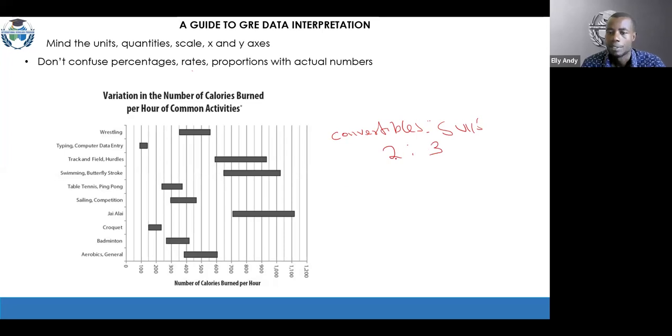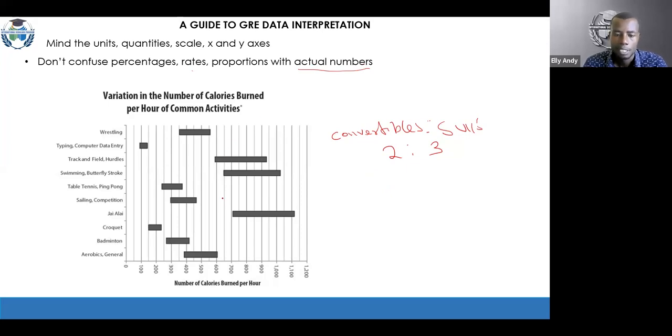What this ratio tells you is that the relationship between convertibles and SUVs can be given by this ratio. For every 2 convertibles in the yard, we have 3 SUVs. But you actually don't know the number of the convertibles and SUVs in the yard. So don't confuse these ratios, rates, proportions, and actual numbers.